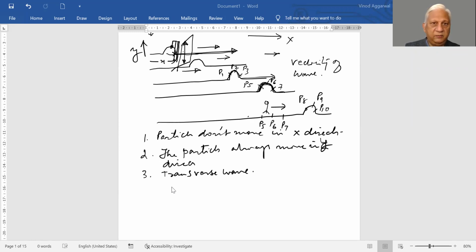Now, let's see how this wave can be represented. This wave can be represented as a function y, which involves x and time, given as y = A sin(ωt − kx).